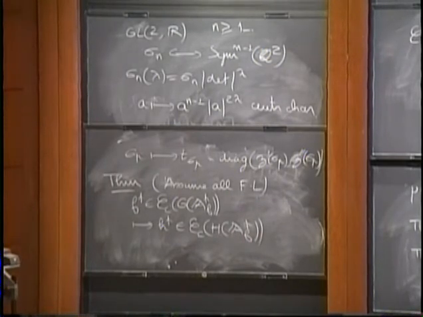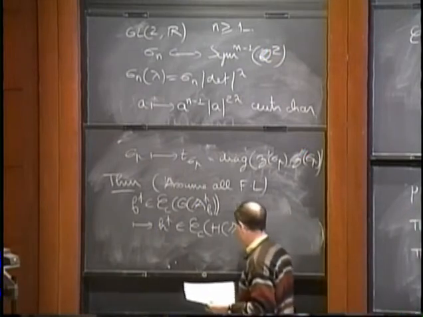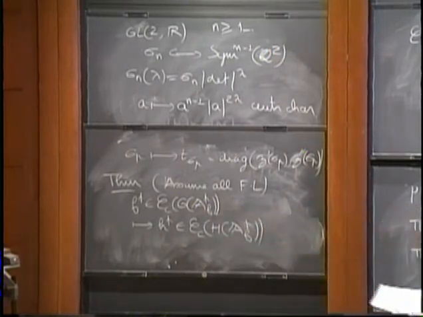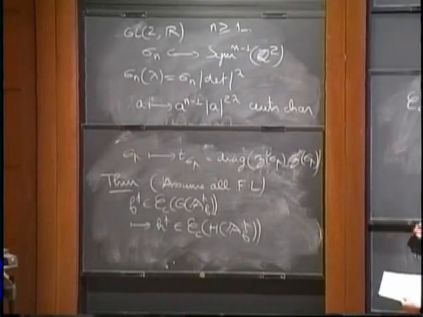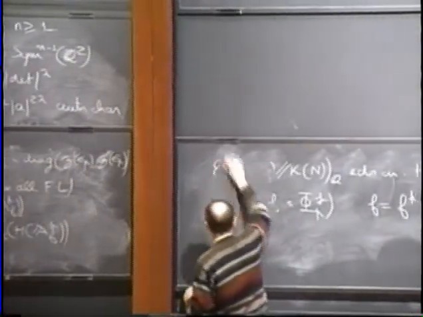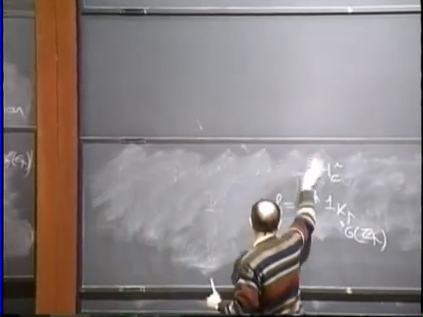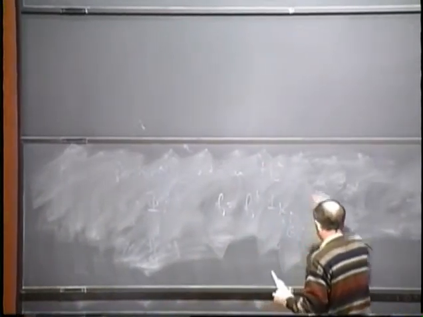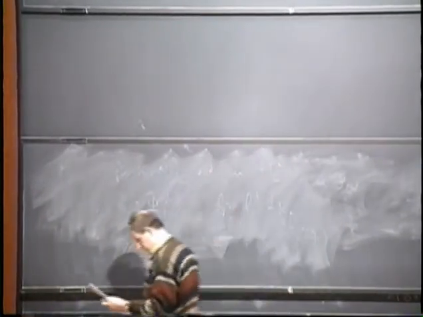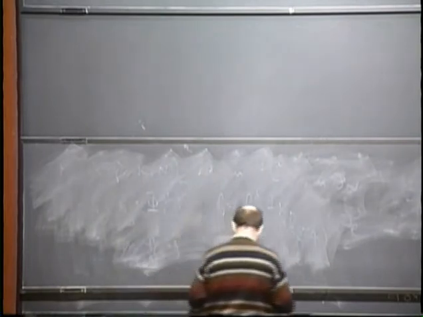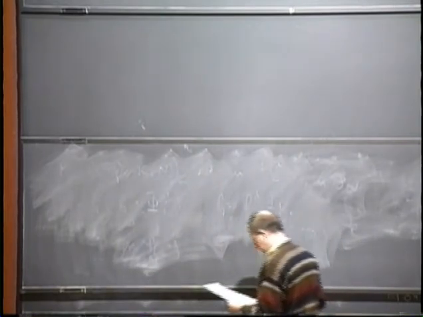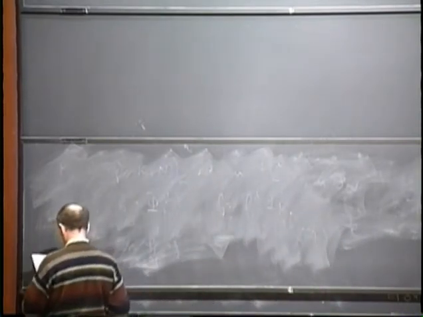To write things precisely is a little bit painful because you have to really fix the transfer factor and so on. There is a good normalization in the unramified case by, I think, Tom Hales. So this is the way you do it. That's the assumption, and then the conclusion is the following.